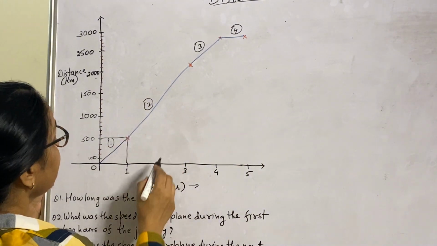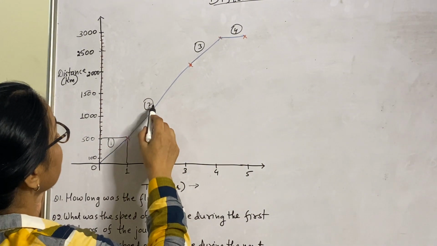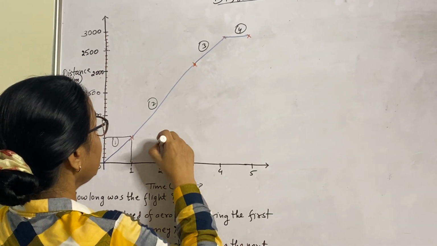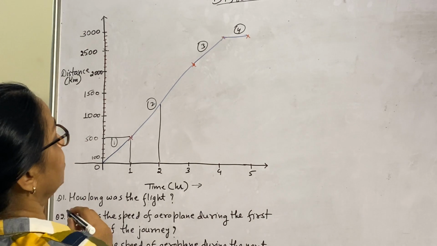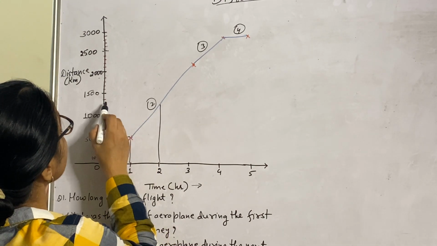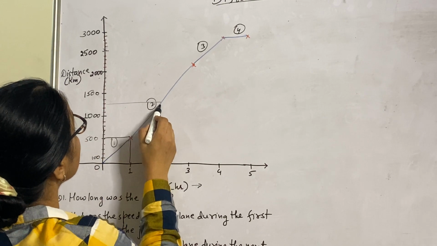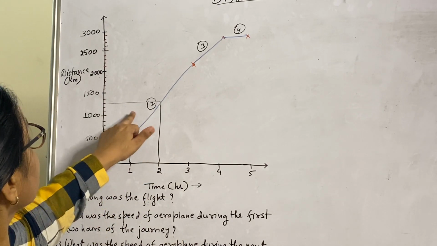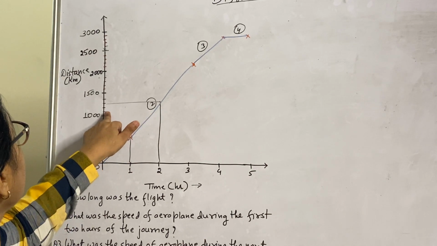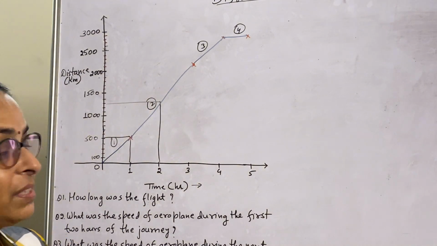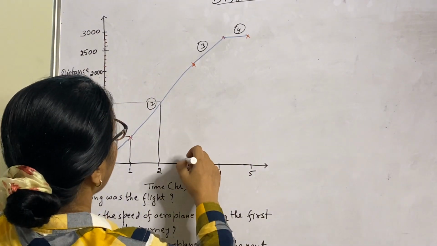Then if you want to find the distance after 2 hours, we can simply drop a perpendicular and then a horizontal line. This way you can find out how much distance is traveled after 2 hours. So it would be 1100, 1200, say roughly 1300 kilometers.